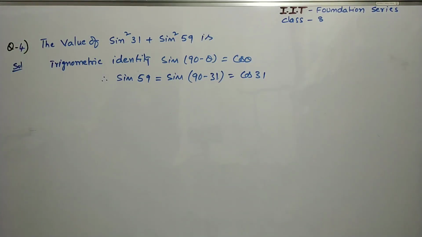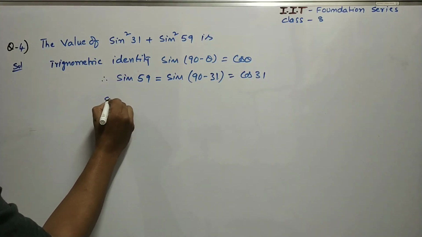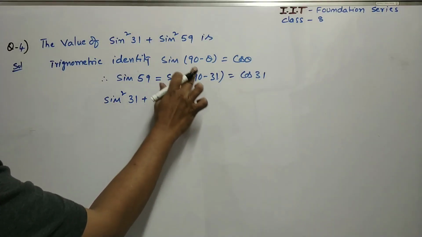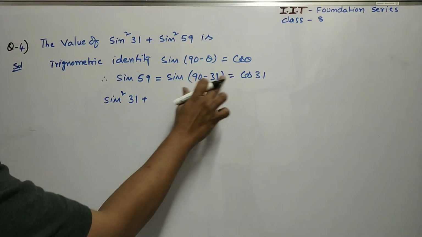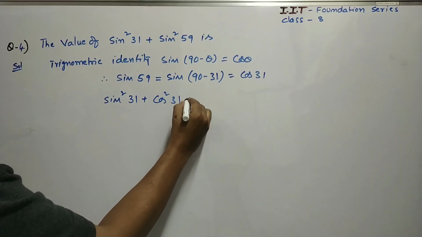So sine square 31 plus sine square 59 equals sine square 31 plus cos square 31.